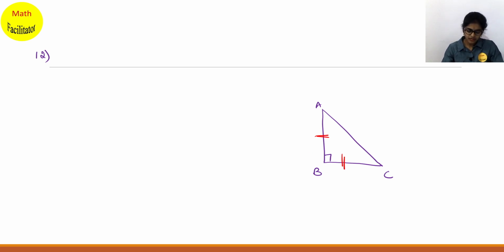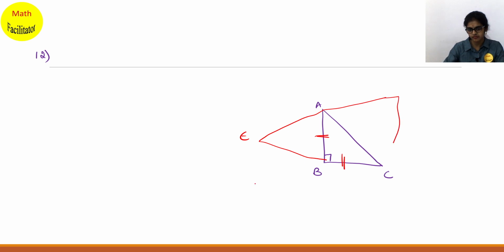Now see, similar triangles ACD and ABE. On AB you have a similar triangle constructed, ABE, and on AC you have one more triangle which you are constructing, that triangle is ACD. So these triangles are constructed on sides AB and AC.